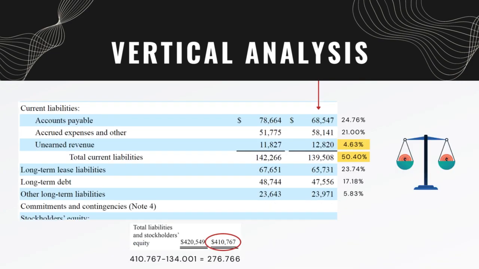Now, in the vertical analysis of the liabilities, we can analyze the current and non-current ones. In this case, we observe that the total current liabilities have a weight of approximately 50% of the total ones, and we think that's quite equilibrated, because it will be 50 and 50 approximately.